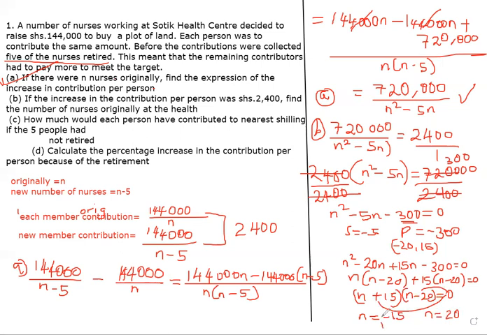So the negative one we ignore. So n equals 20, this one here is now the number of nurses that were there originally.